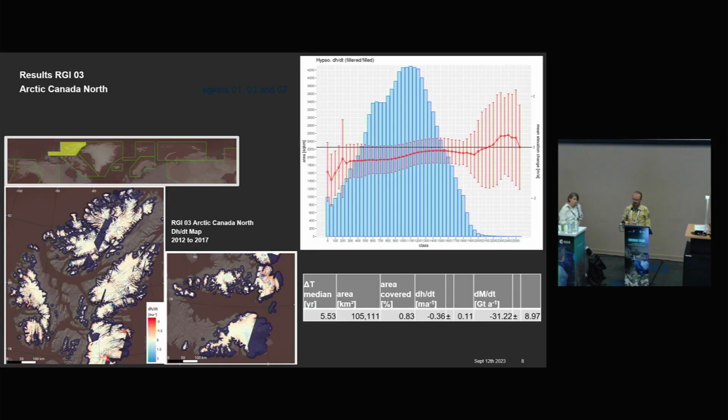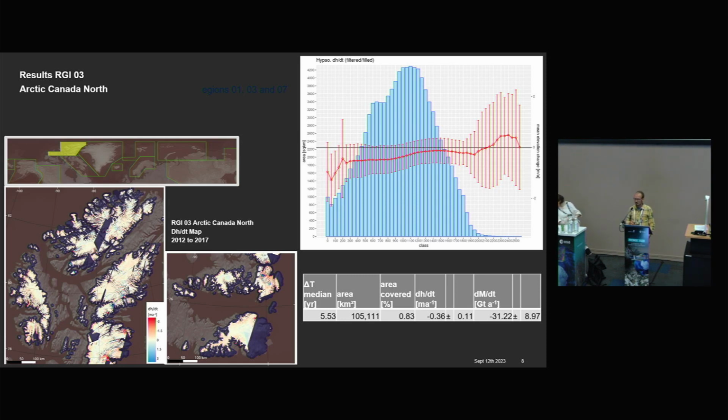But as for the mean elevation change per hypsometric bin, we do a filtering of 2 percentile, upper and lower 2 percentile. I'm quite convinced that these mosaics that I show you are representative enough to give you mean elevation changes per hypsometric bin, which is plotted here.